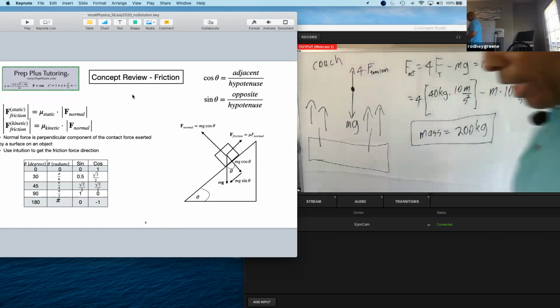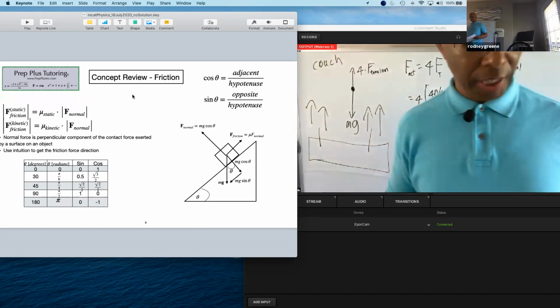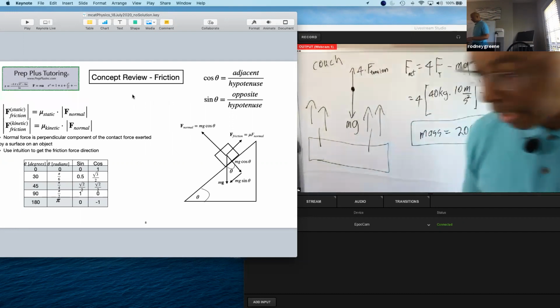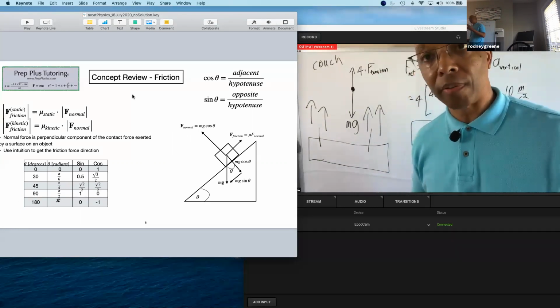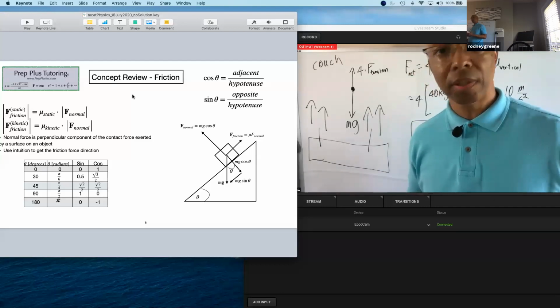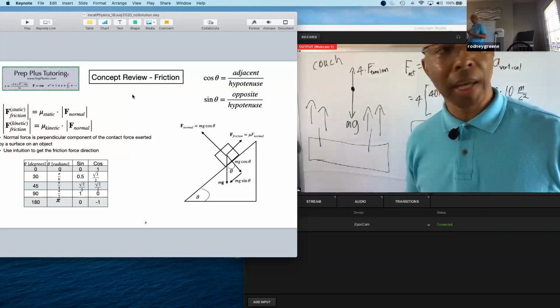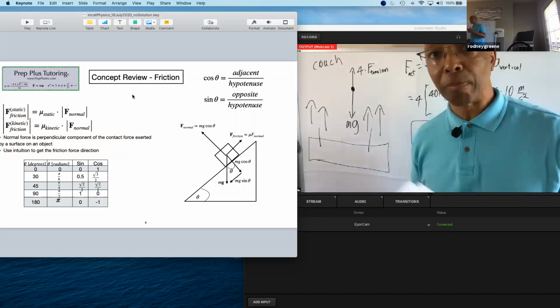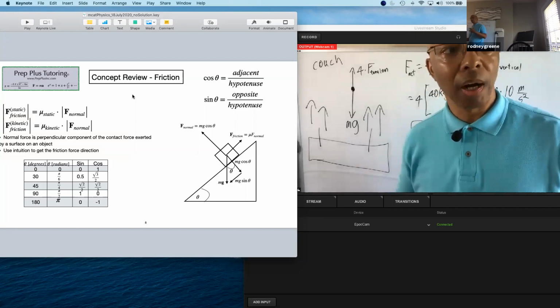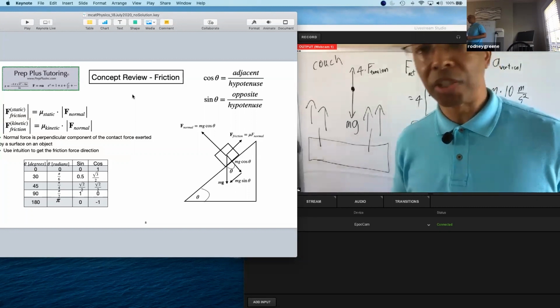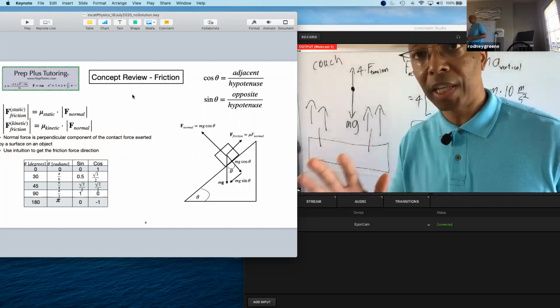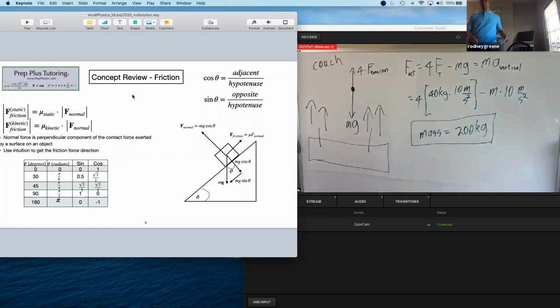So again, friction is a typical area that is covered on a physics test for the MCAT, and it's usually boxes or something on an incline. So let me just quickly go over some key facts about friction.